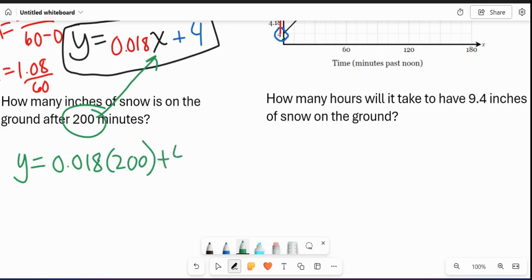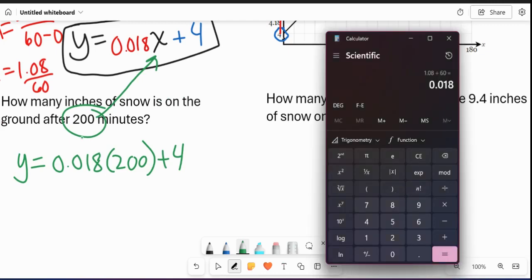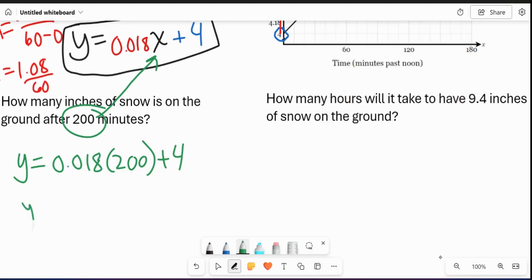So show that process of plugging in into your function rule. All right. And then the rest you could do on your calculator, right? So with our calculator, 0.018, I already have that in my calculator, times 200 plus 4. And it is 7.6. So that means there are 7.6 inches of snow on the ground after 200 minutes.